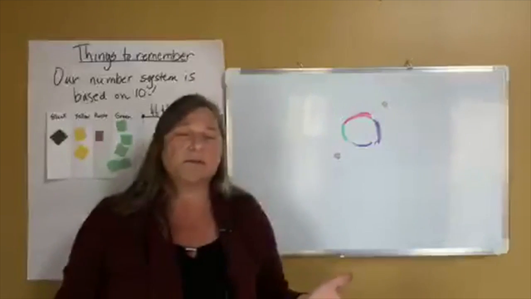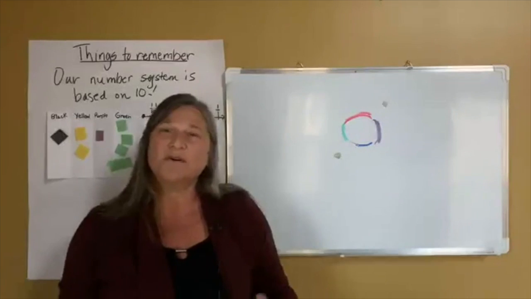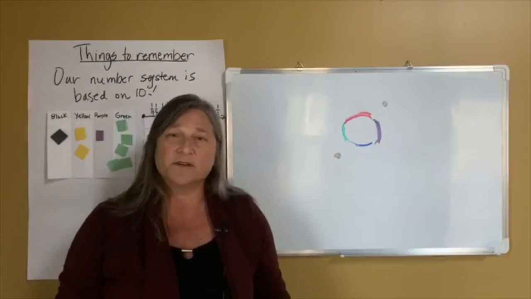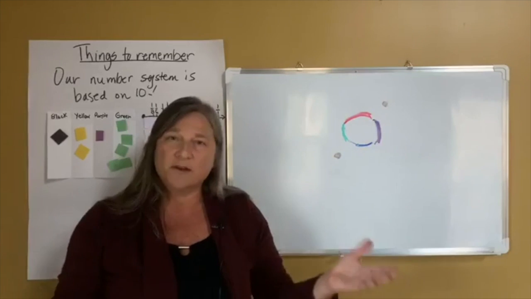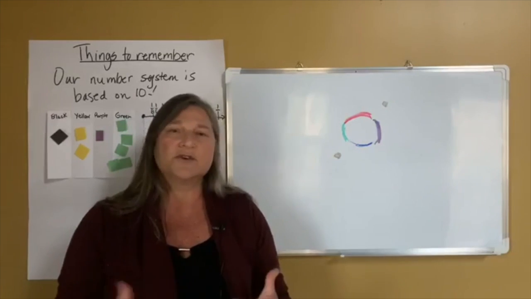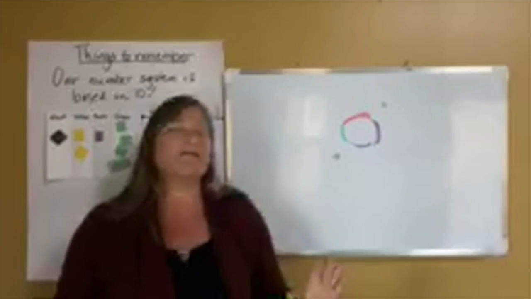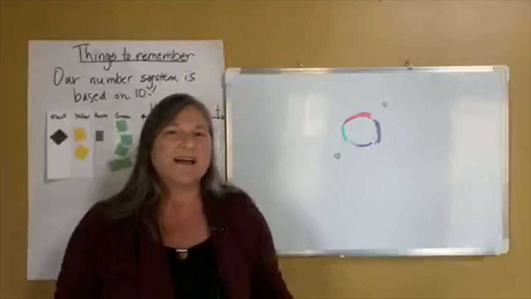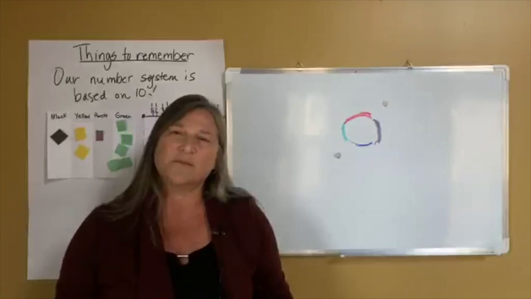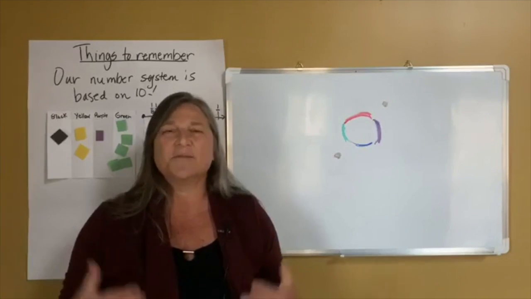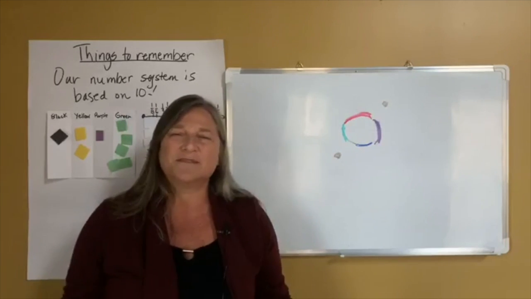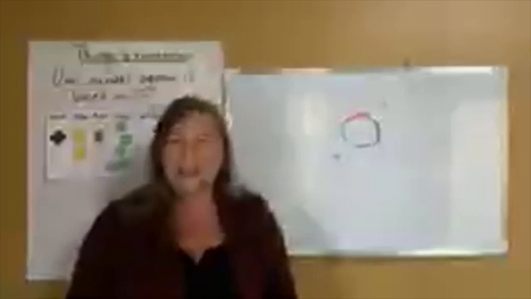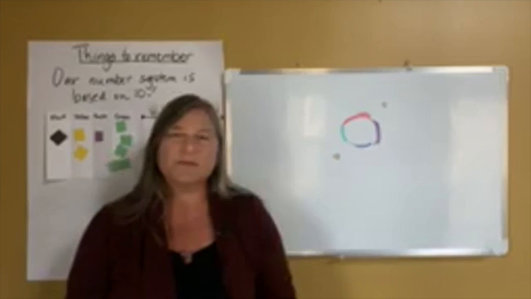And if your child has a phone, because these are going to be older children for the most part, they can take pictures of their different items, and then come back and show you their pictures. Every student I know likes to show you their pictures, and they'll get excited about it. We want to play with these math ideas, not just do them. Let's play with them and see what we come up with.